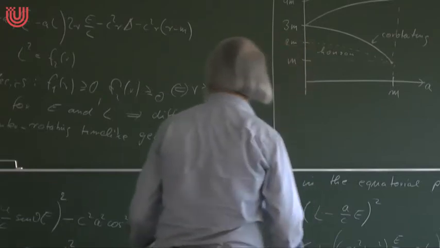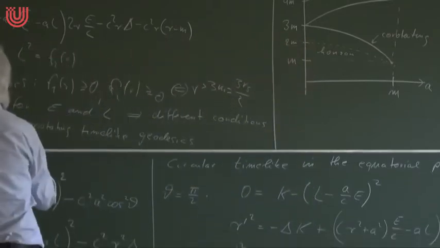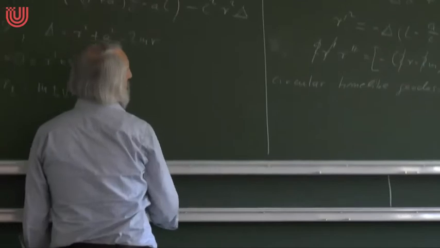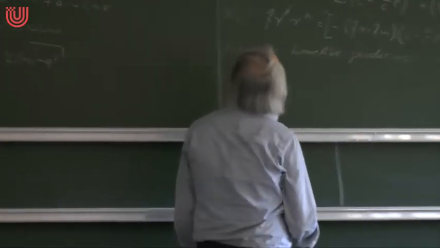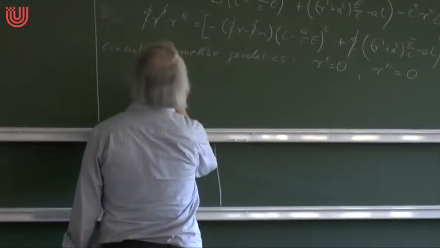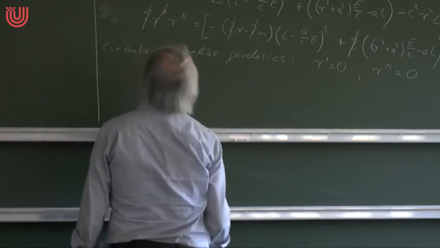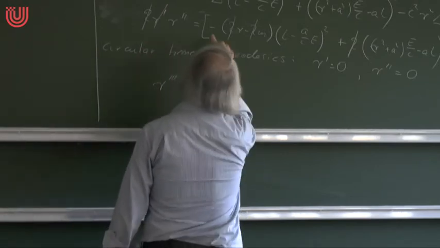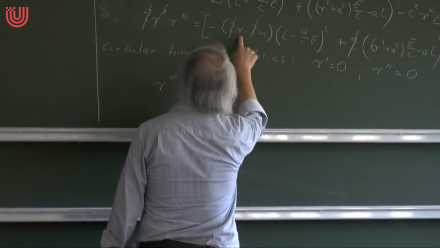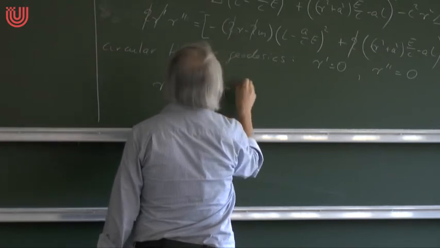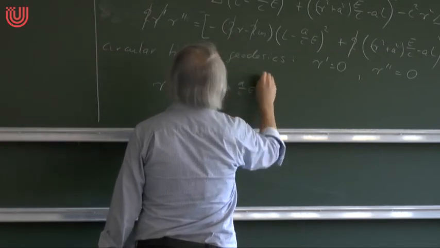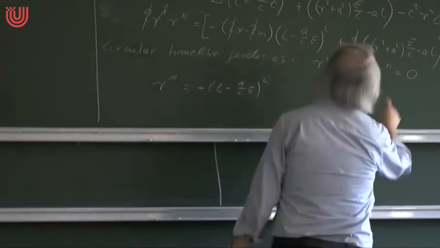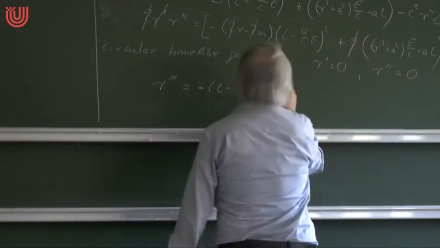So again, I won't do the calculation. We would have to calculate the third derivative. So should I write this here? The third derivative is, there's a minus sign, and this gives a 1, so I have minus L minus A over C A squared. Then let's begin with this differentiation.